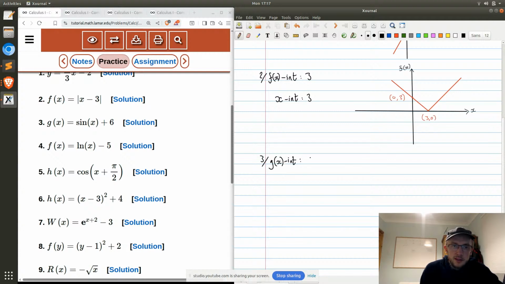Well, the vertical axis intercept will be 6 instead of 0. And the x-axis intercepts or roots or zeros will be all that we are accustomed to.